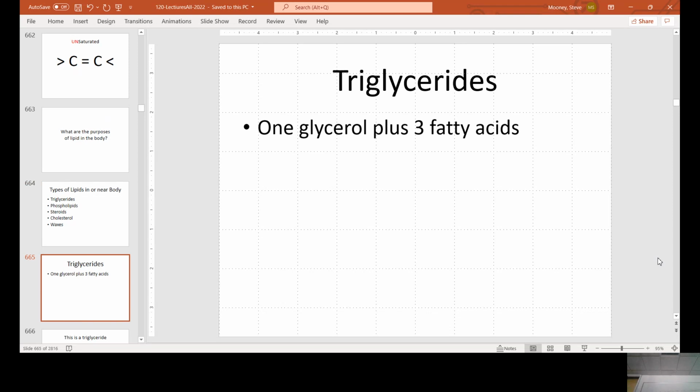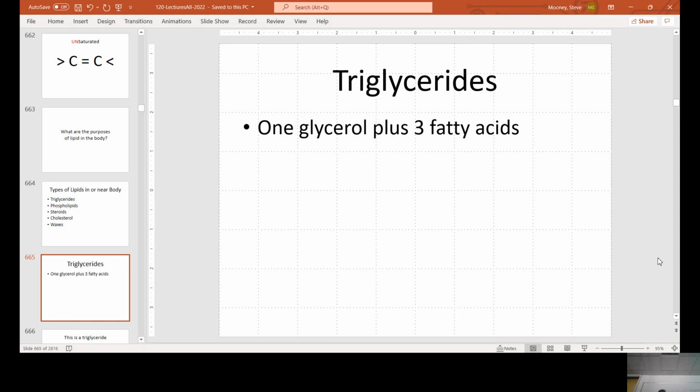So triglycerides. With our fats, we don't have polymers like we had for our carbohydrates or proteins or DNA, but we do have still those connections that involve a dehydration reaction. A triglyceride is made of one glycerol molecule, which is a sugar, and it's got 3 carbons at its backbone. So you've got a 3 carbon sugar, open form, not a ring form.